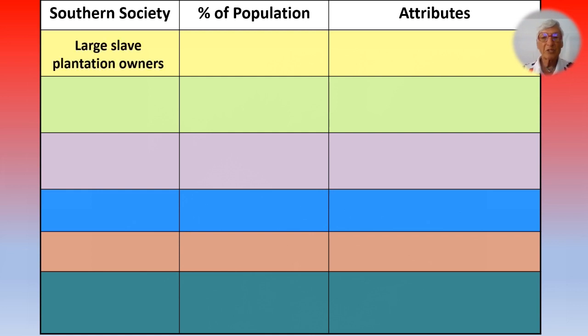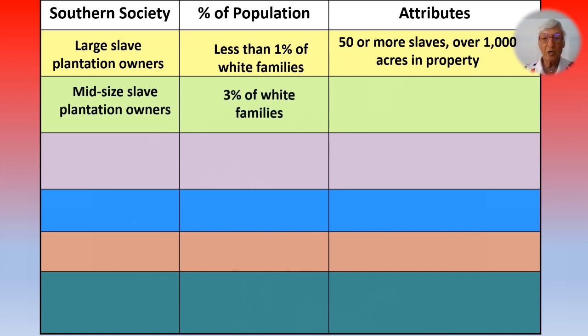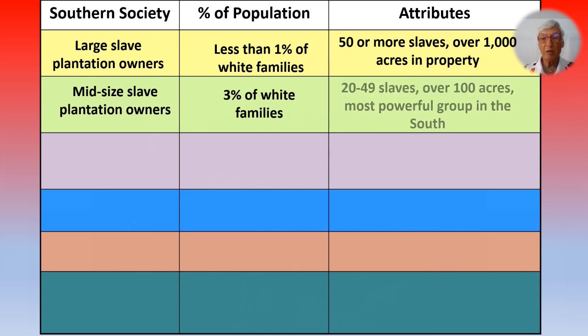The Southern society, first of all, those who had large slave plantations, were less than 1% of the white families. 50 or more slaves and over 1,000 acres in property. Then we have mid-sized slave plantation owners, 3% of the white families. They had between 20 and 49 slaves and over 100 acres, and they became politically the most powerful group in the South.